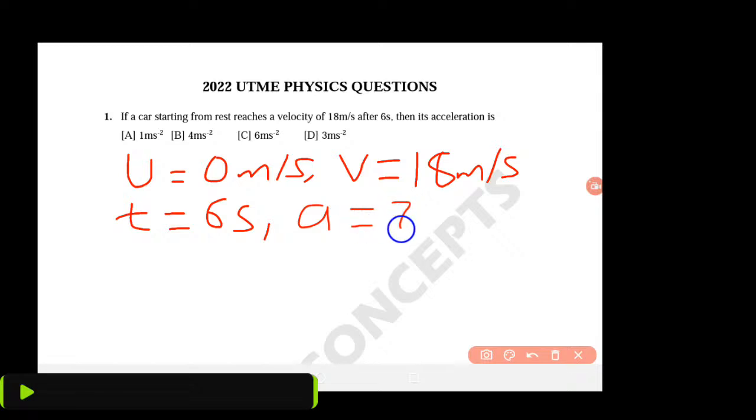Going by the equation of uniformly accelerated motion, acceleration a equals (v minus u) over t.